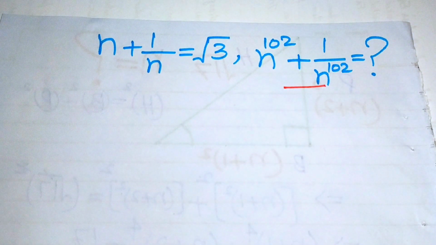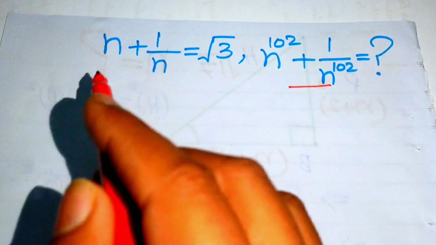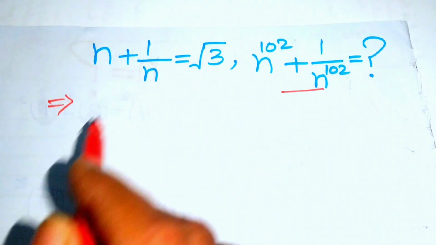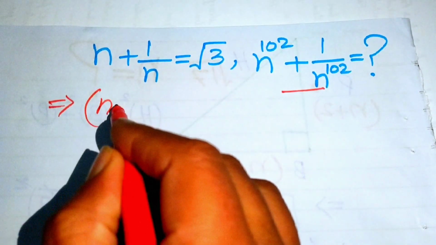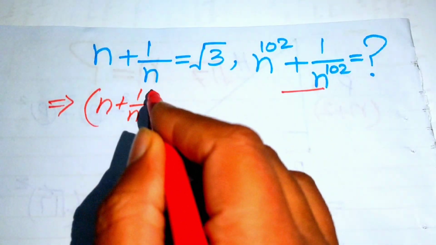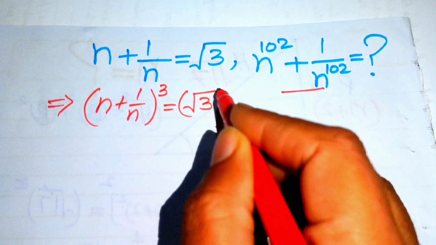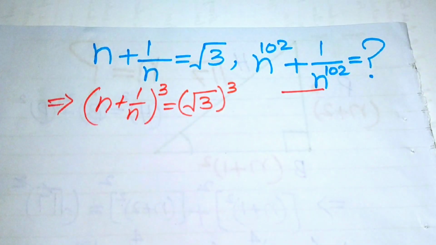In order to find the value of this expression, we take the cube on both sides of this equation and write it as n plus 1 over n whole cubed equals square root of 3 whole cubed.